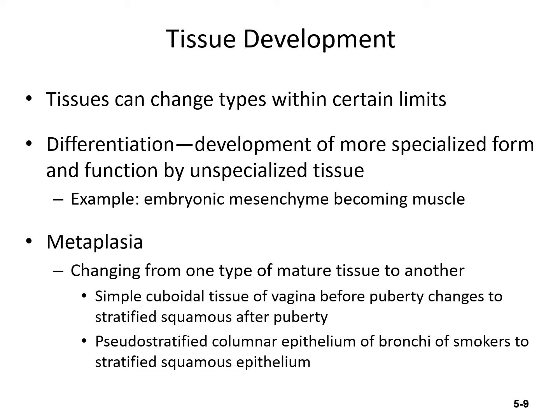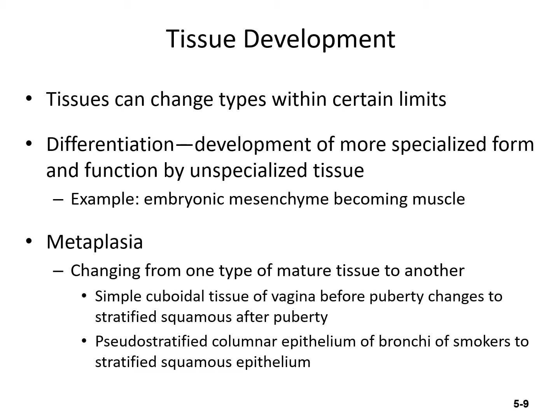Okay, let's talk briefly about tissue development. We all should have a fairly solid understanding that there are many different types of tissue in the human body. The four main categories, of course, being epithelial, connective, muscle, and nervous tissue. There is a little bit of plasticity in tissue types, so tissues can change types within certain limits.